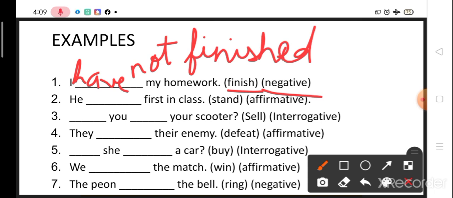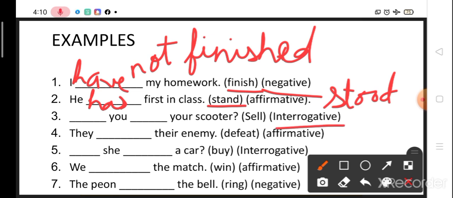With he we use has, so it will be he has, and past participle of stand is stood. So it will be he has stood first in class. Now this is an interrogative sentence and we have to use the correct form of sell. Past participle of sell is sold.